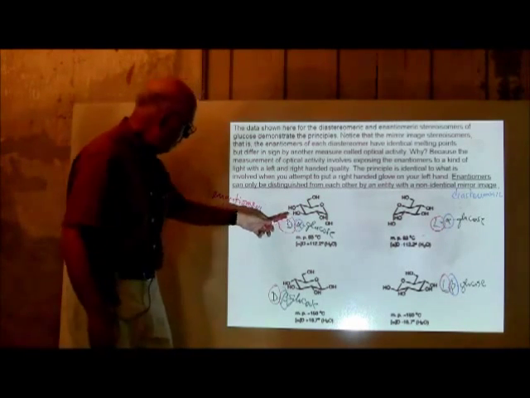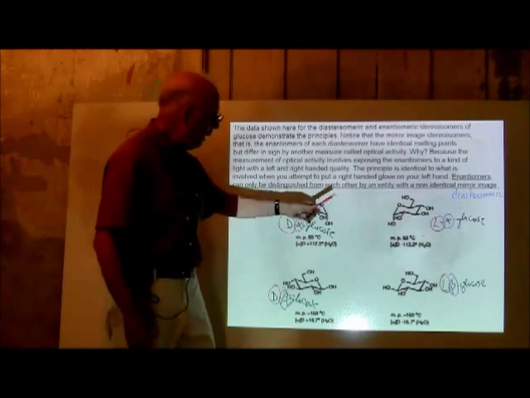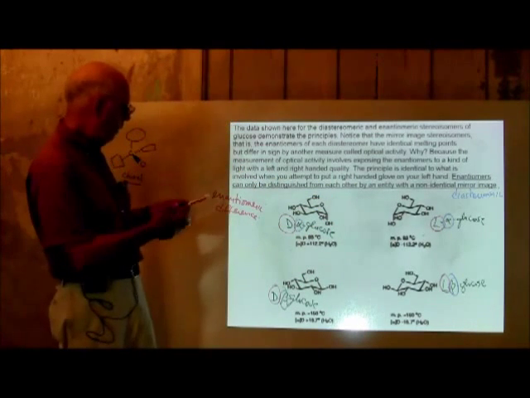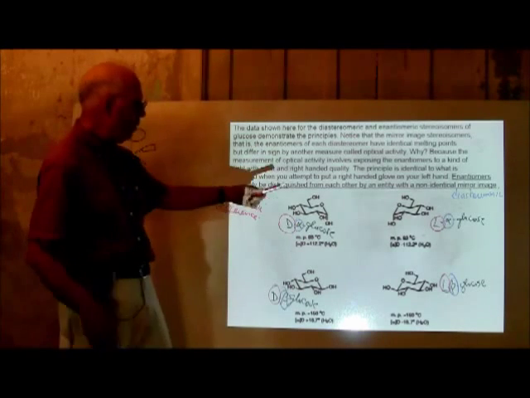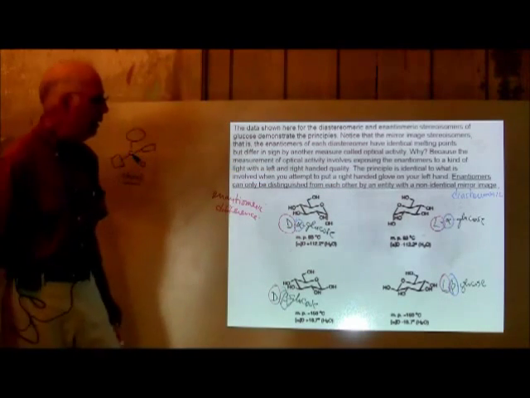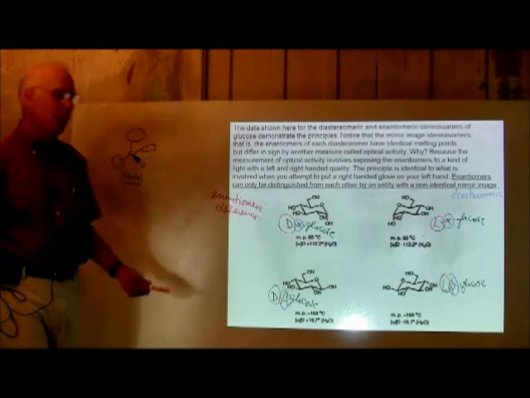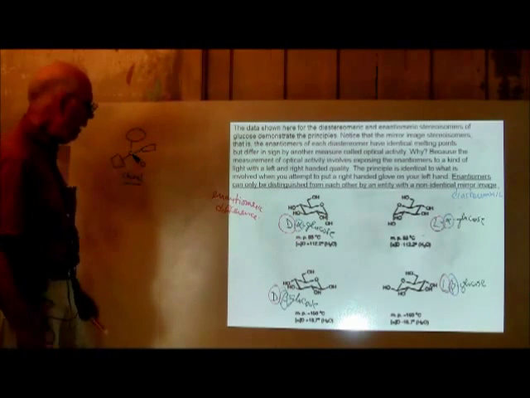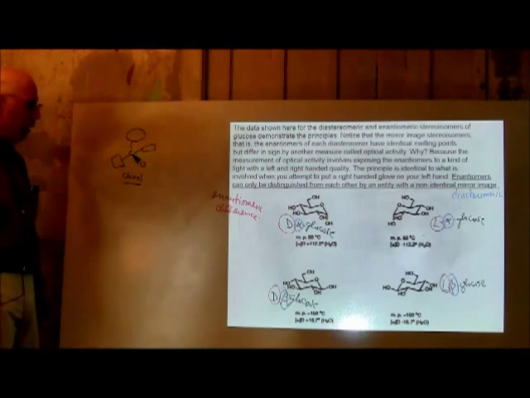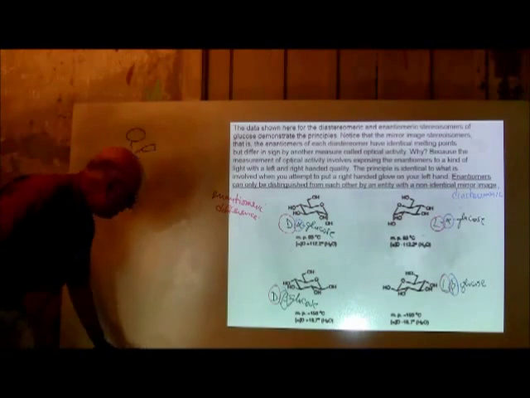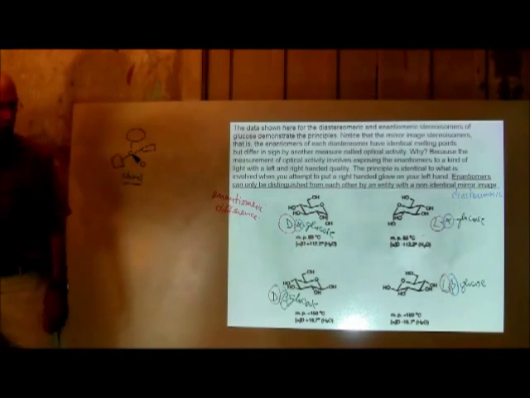So the red circled capital D and capital L correspond to enantiomeric properties, and the alpha and the beta correspond to diastereomeric properties. And I hope you look further into this. Let's go on.